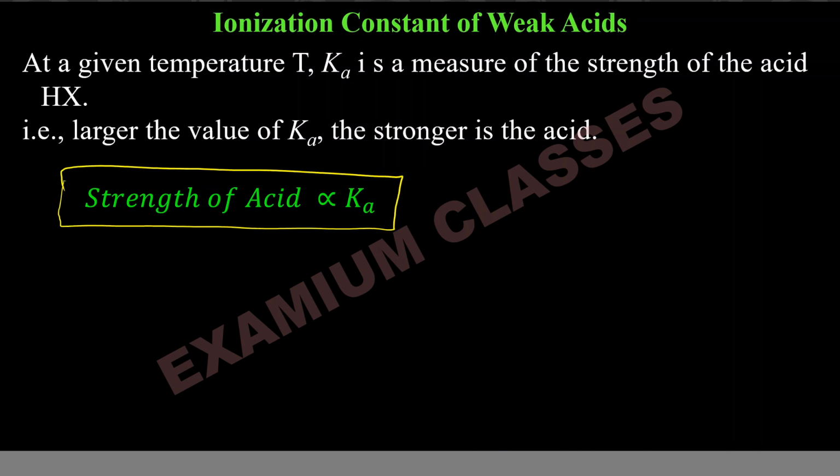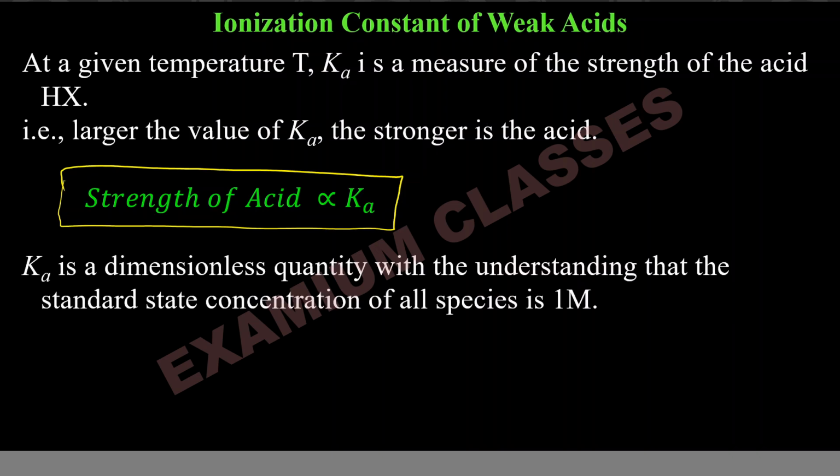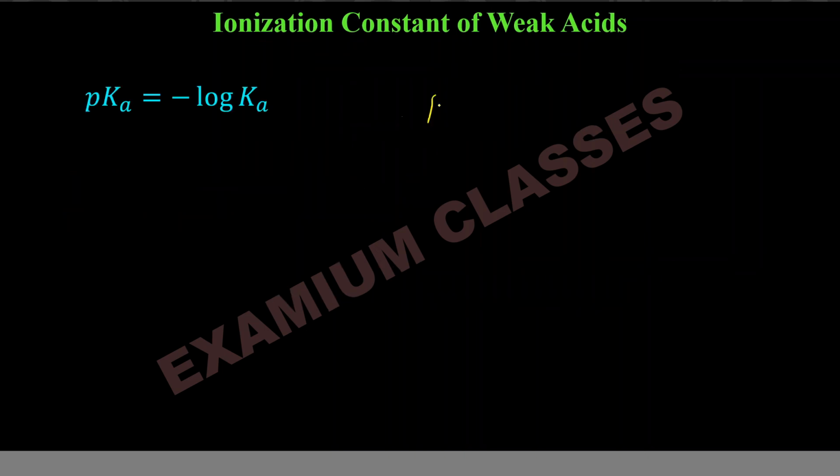Ka is a dimensionless quantity, you should remember, with the understanding that the standard state concentration of all species is 1 M. Normally we will be doing calculations in standard state, where we consider the concentration as 1 molar. In that case, Ka will be considered dimensionless. As I told you, pH is equal to minus log of H ion concentration.